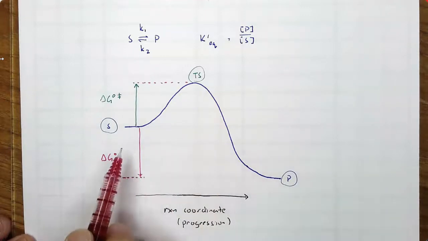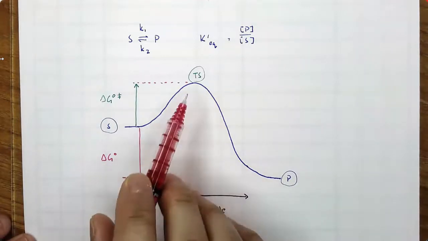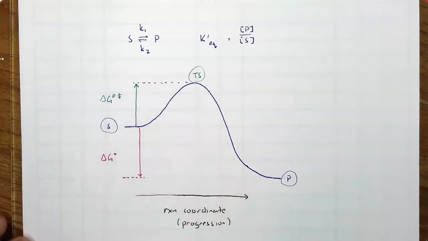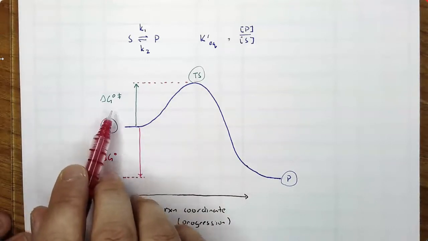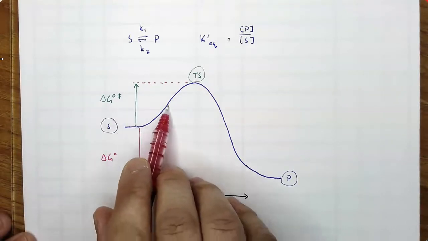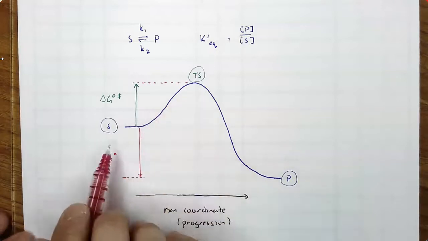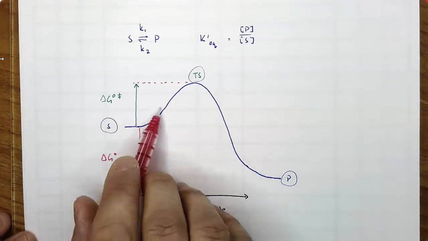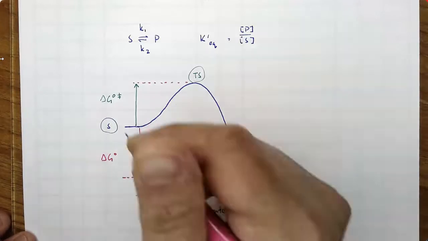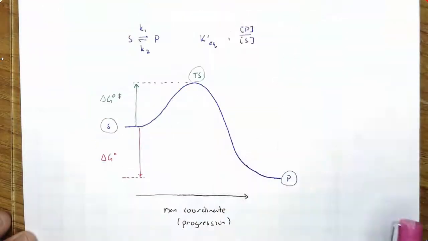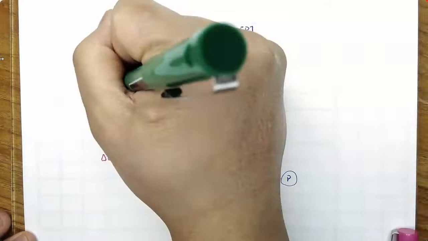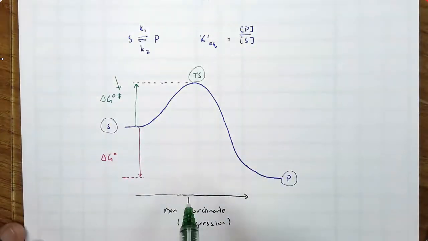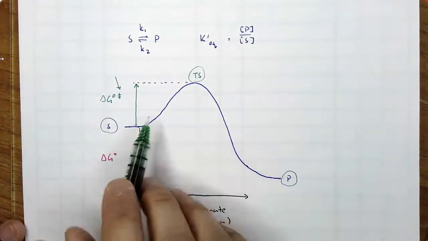And from the substrate to the transition state, there's a jump. And that is the free energy of this, we could call it activation energy, but it's going from the substrate up to the transition state. This double dagger right here means that it is the energy difference of the substrate and the transition state.